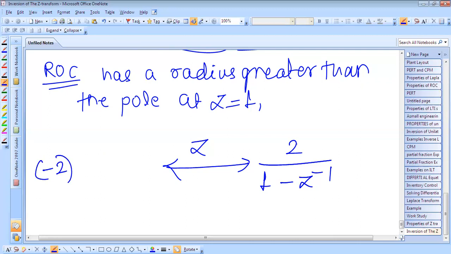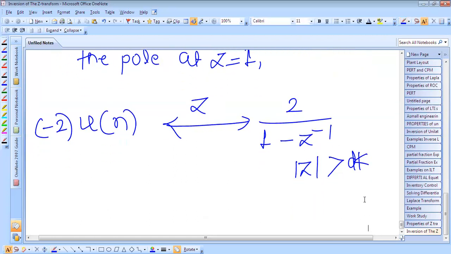Here the magnitude of z is greater than dk. What is dk here? dk is 1 here. dk is the coefficient of z raised to power minus 1, so dk is 1.